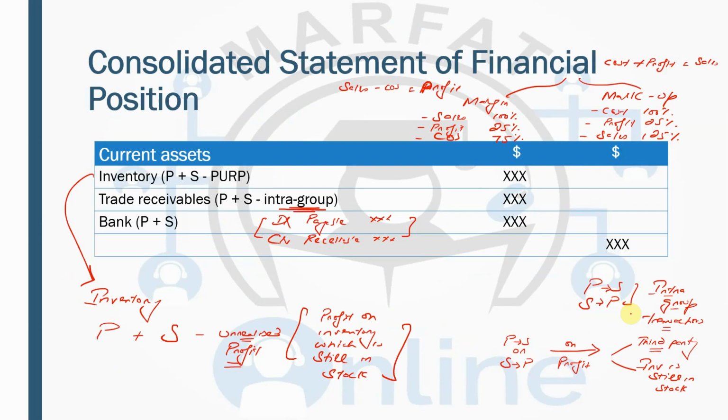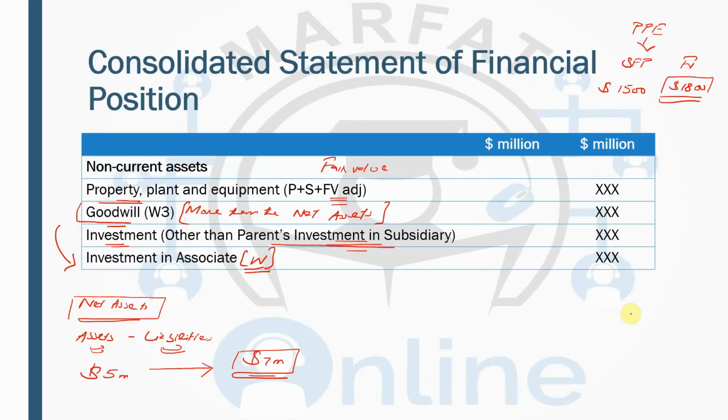So I'm just giving you the revision that we have discussed all the components of the consolidated statement of financial position. We started with the property, plant and equipment, parent plus subsidiary plus fair value adjustments, then goodwill, which is the positive goodwill, and then take all the investments but not the one which is being made by the parent in the subsidiary.